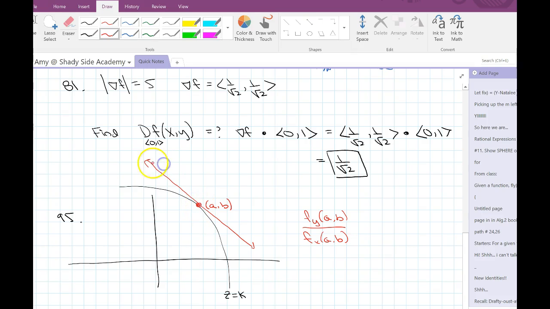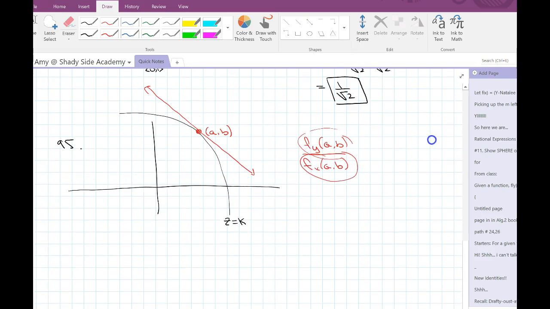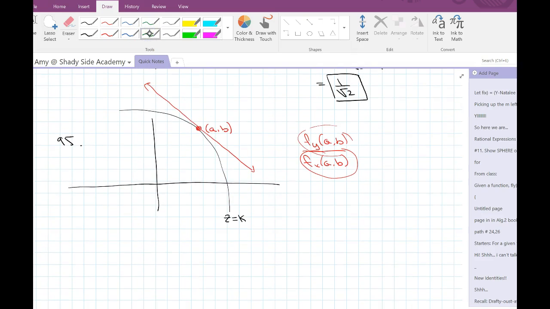The slope of this line is independent of these partial derivatives, and these partial derivatives depend on the value of other level curves around this curve, z equals k. So let me give you an example.